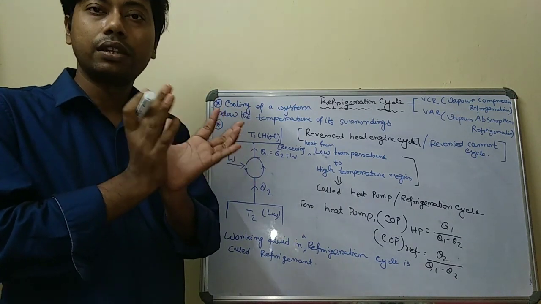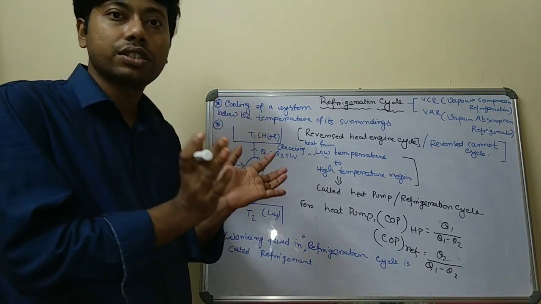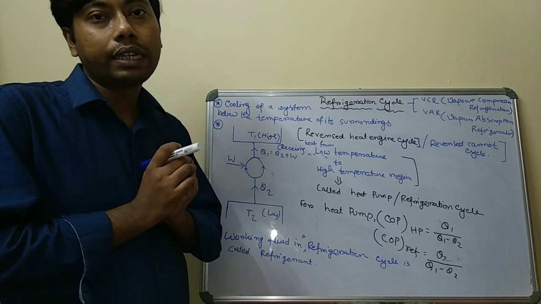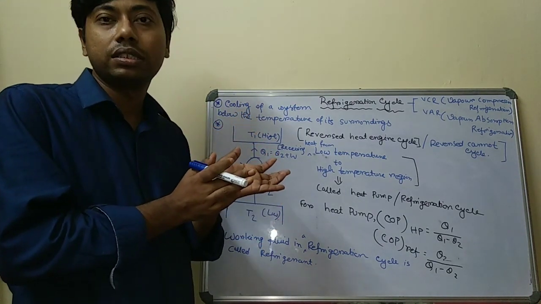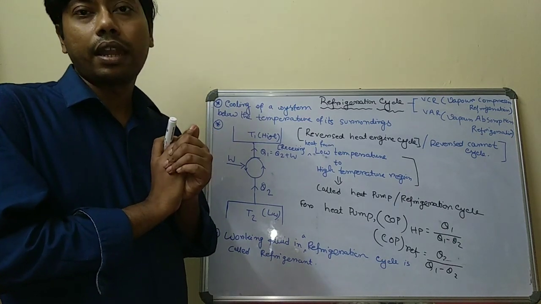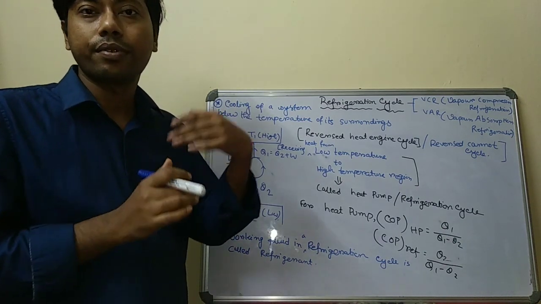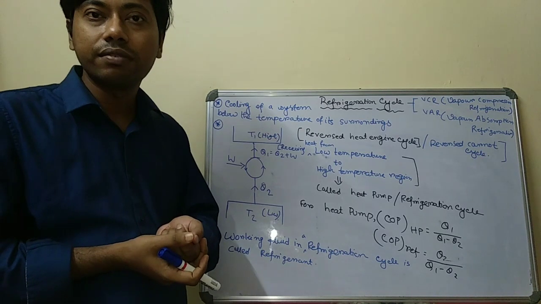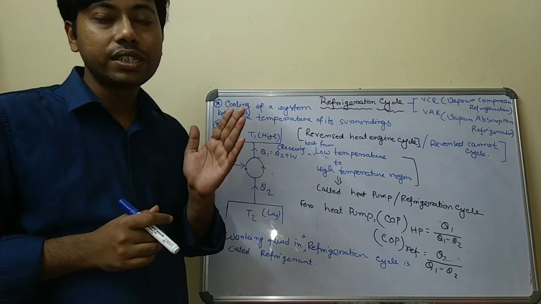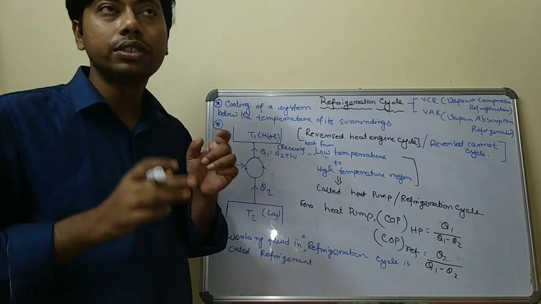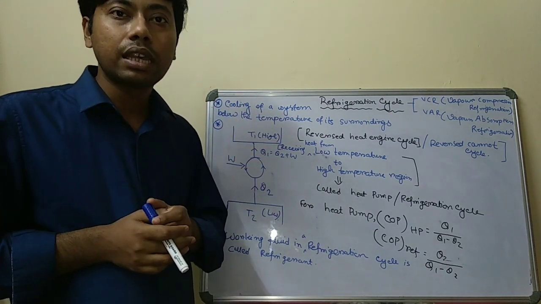That system is called a refrigerator, and this cycle operates on the reverse Carnot cycle. Obviously, heat transfer takes place from the low temperature reservoir to the high temperature reservoir. The main point is that the refrigerant is the working fluid of the refrigeration cycle.